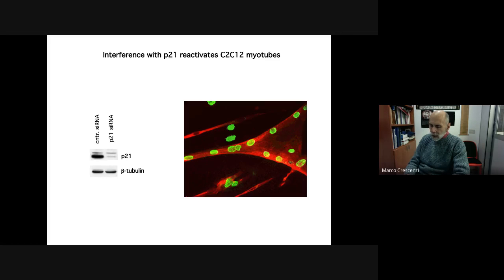Now, why was that so surprising? Because we didn't add any growth factors in this experiment. So these myotubes here were not responding to growth factors. They re-enter the cell cycle in the absence of any external stimuli.